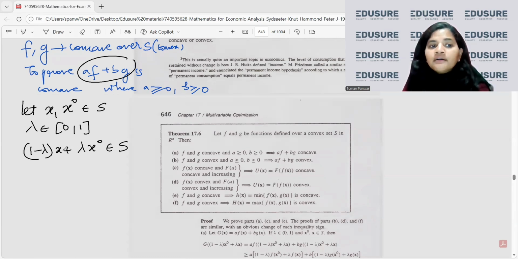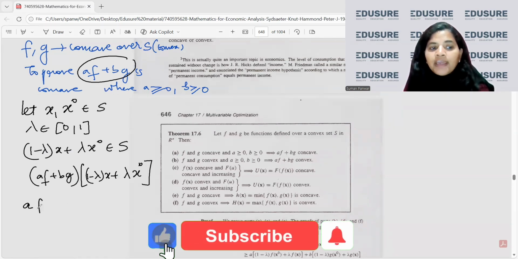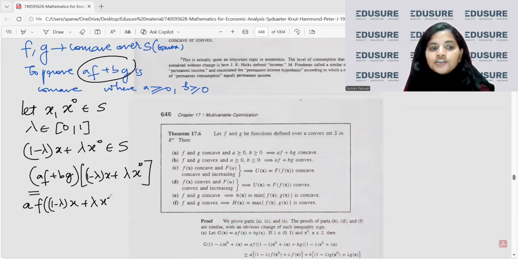This is also in S by virtue of S being a convex set. Then let us look at af plus bg and take the functional value at this convex combination. Now by the virtue of functions, this will be distributed. So I'll have a f of (1 minus lambda)x plus lambda x naught plus b g of (1 minus lambda)x plus lambda x naught. This is just by the definition of functions.